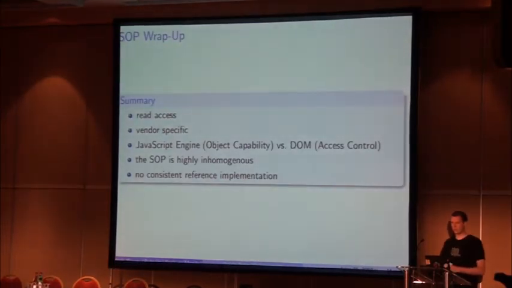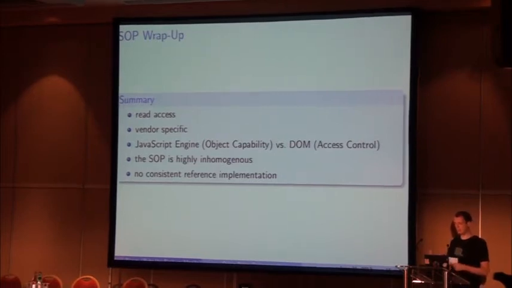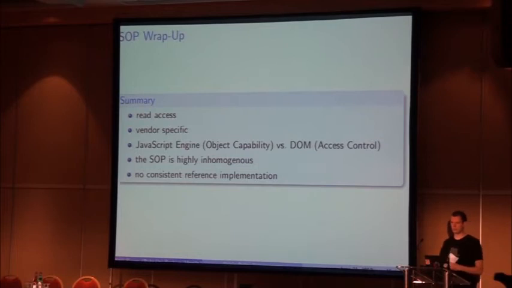The Same-origin policy is mainly about read access. It's highly vendor specific. Every browser implements something in its origin policy, JavaScript API things, and everybody, of course, does it differently. We remember it comes from 1996, the browser wars. Everybody was doing something else to be competitive and new and shiny. So every vendor basically has its own version of the Same-origin policy.